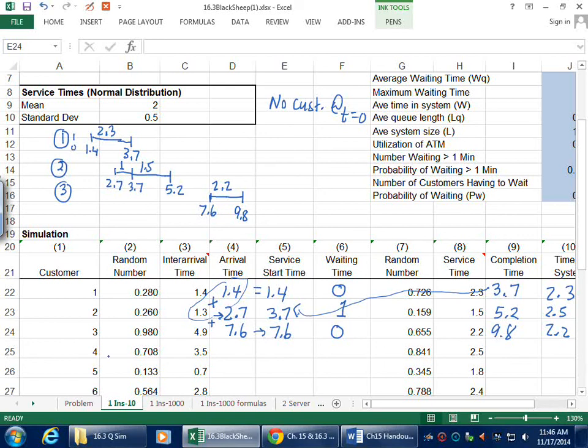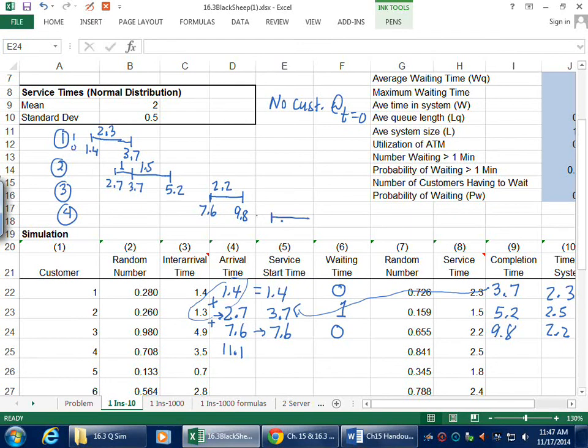Okay, now number 4. Number 4 comes 3.5 minutes after number 3, so you add 7.6 plus 3.5, which is 11.1. Number 4 doesn't have to wait either.